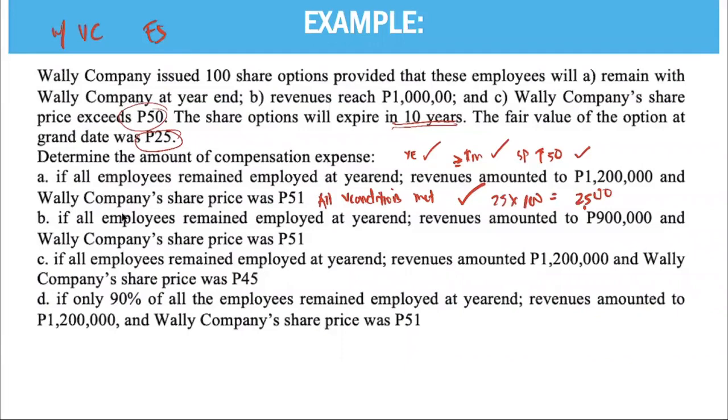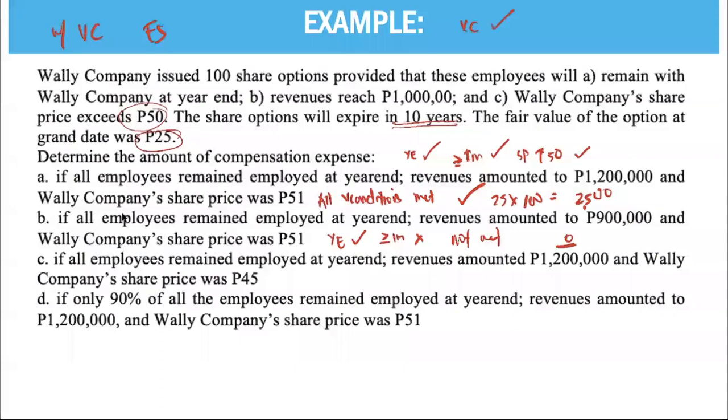Next. If all employees remained employed at year end, check. Revenues should be greater than or equal to 1 million. It is 900,000. So not met. Our answer here is zero. Why? Because again, we did not meet our vesting conditions, so we will not provide anything at all. Remember we said the vesting conditions tell you whether a person will receive the share-based payment or not.